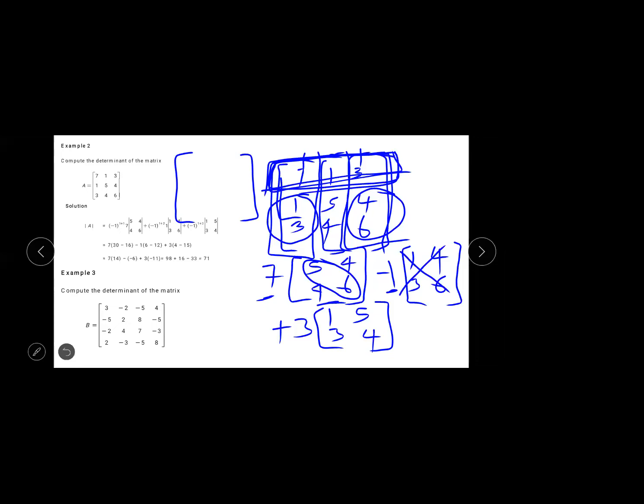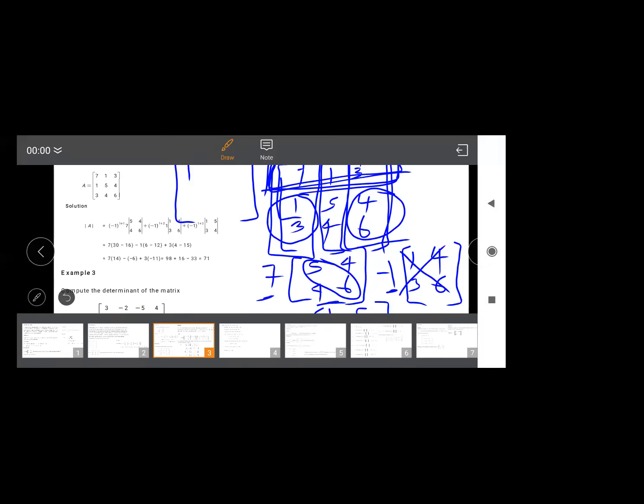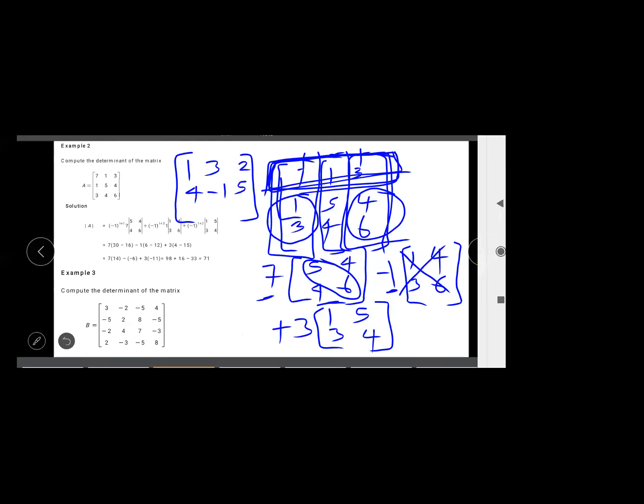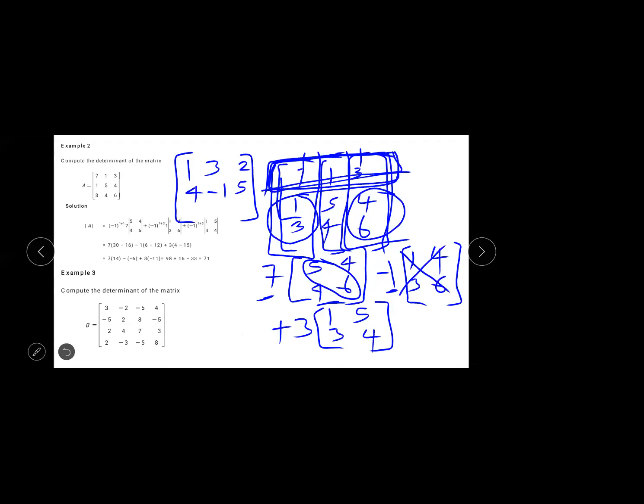Find the determinants of this. 1, 3, 2, 4 minus 1, 5, 1, 0, minus 2.